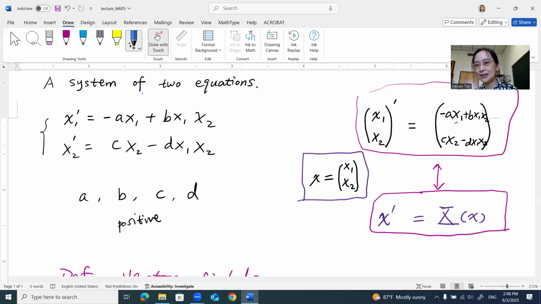So the X, which has two entries, X1, X2.